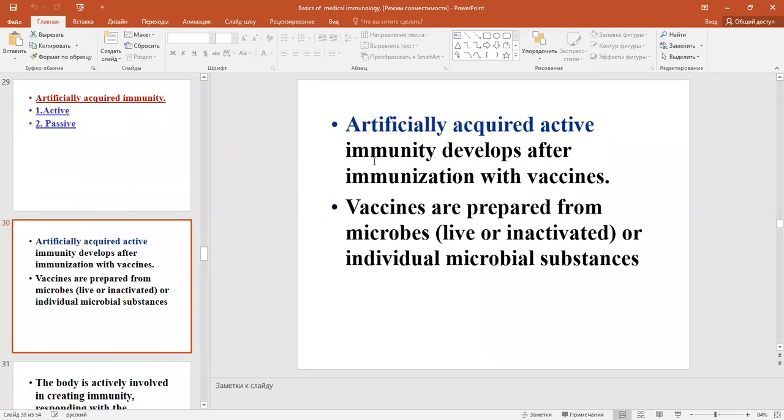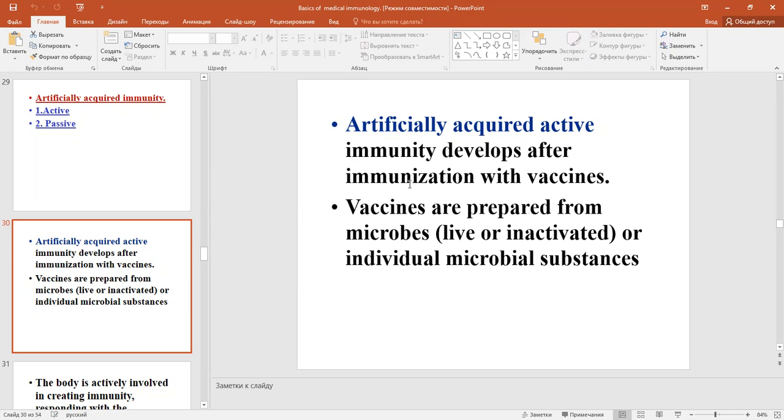So artificially acquired active immunity develops after immunization with vaccines. In this case, the patient is not infected in a natural way. He is vaccinated. Vaccines are prepared from microbes, maybe live microbes, maybe inactivated microbes, or maybe just some individual microbial substances.